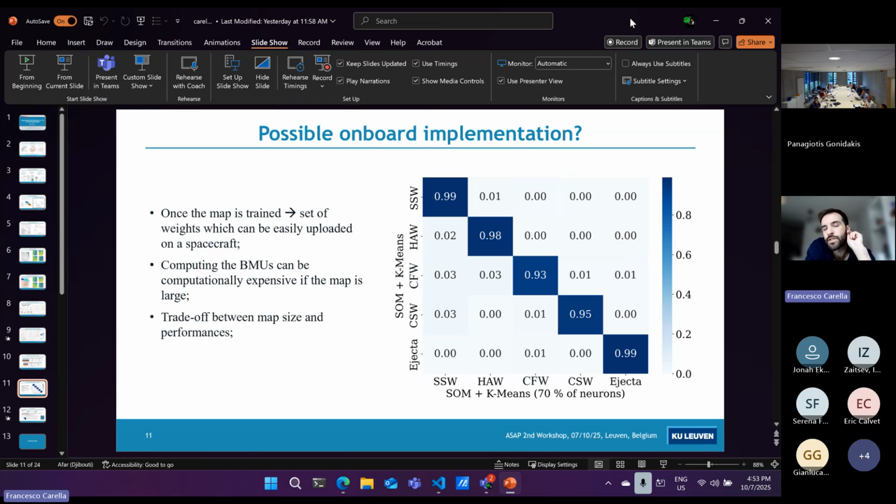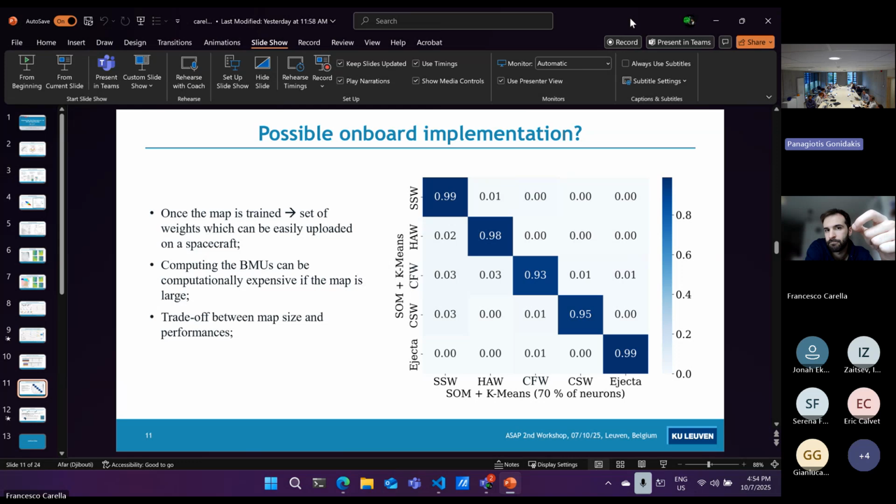Once you have the best matching unit, you are already clustering, because each neuron is already labeled with the cluster number. If you have new data, you measure the best matching unit, meaning the neuron which is closest to your input data. You know to which cluster it belongs. So you have clustered the data point, right?